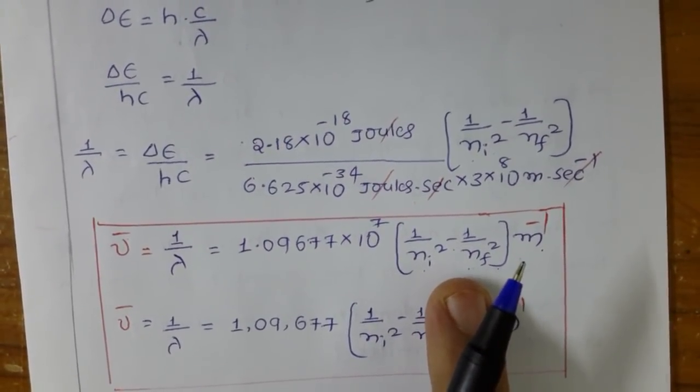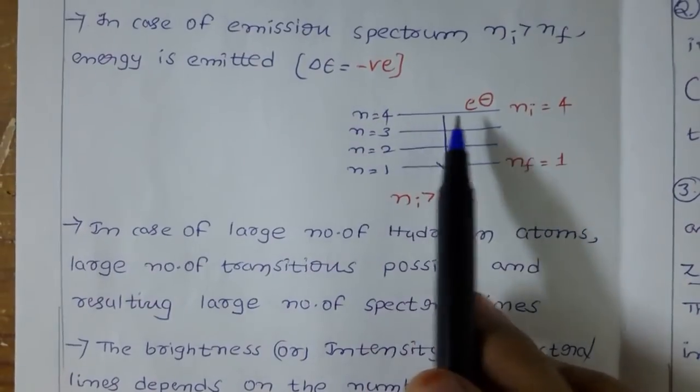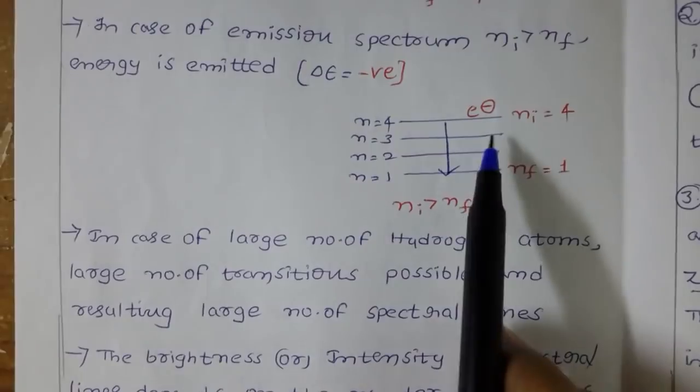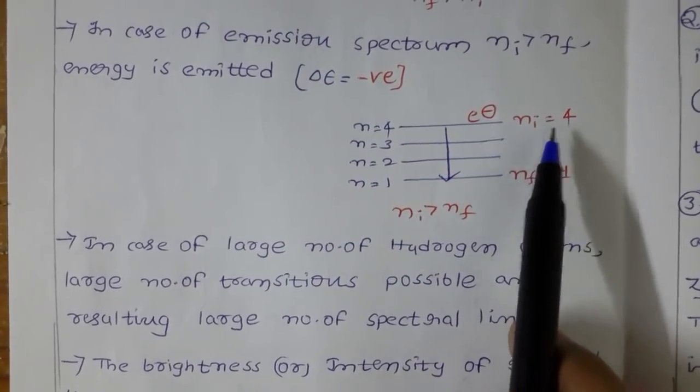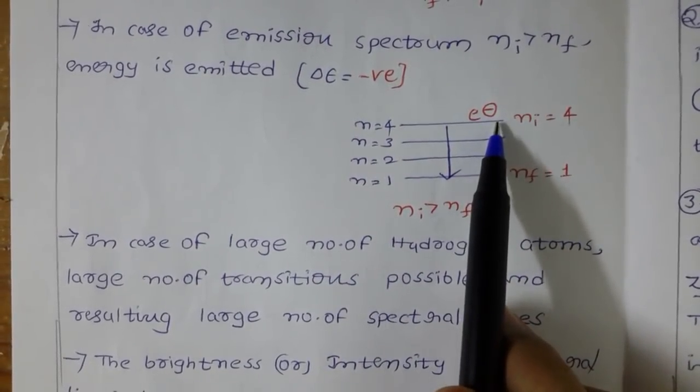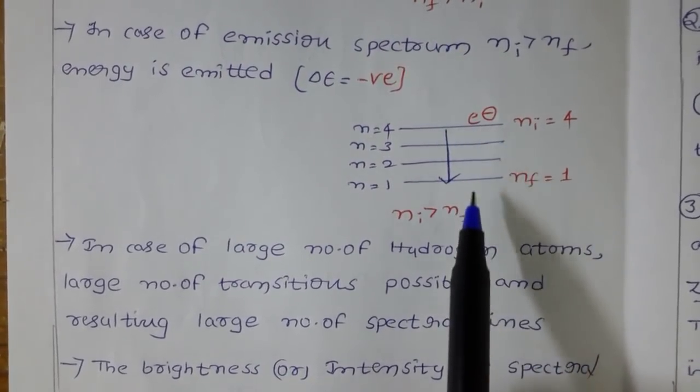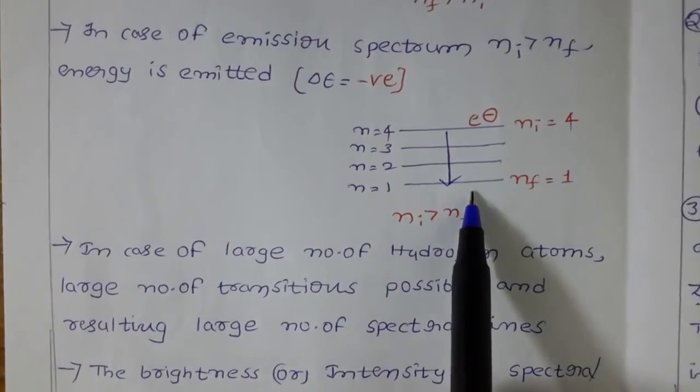Now if you go for the emission spectrum, what will happen here? Emission means the electron has to come from the upper orbit to the lower orbit. For example, here we have the initial, the electron taking part in emission. This is the initial. From the upper orbit it is going to come down, so it is going to reach here.